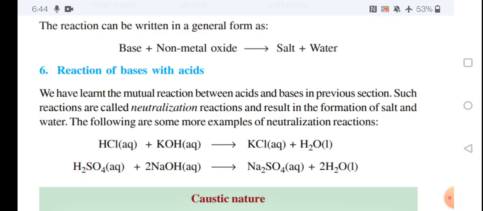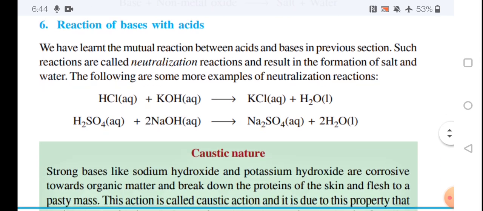When we mix acid and base together, the properties of acid and the properties of base get cancelled. That means they become neutral, and that reaction is called a neutralization reaction. An example of the reaction of bases with acids is HCl plus KOH giving KCl and H2O, that is water.